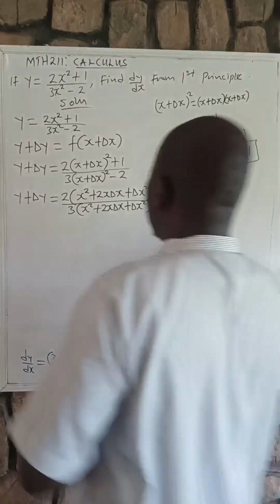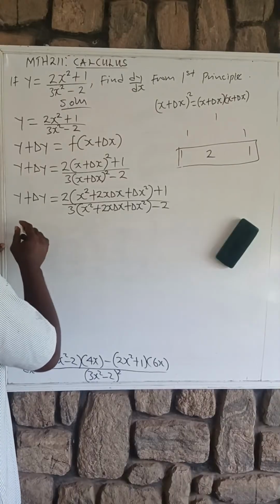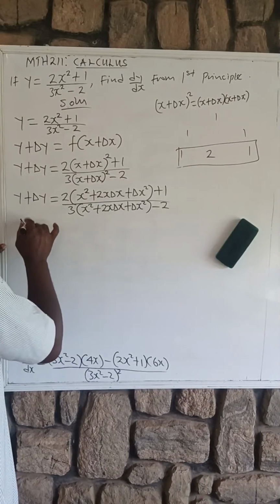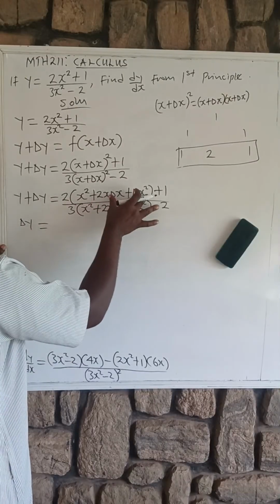So what we need to do, we have to subtract y from both sides. When we subtract y, we'll be left with dy equals to, let's open this bracket at once.